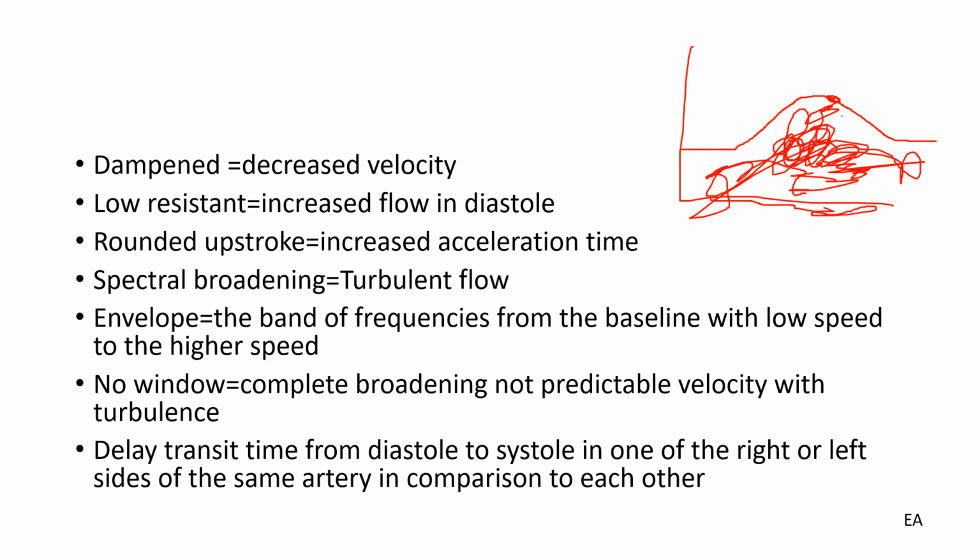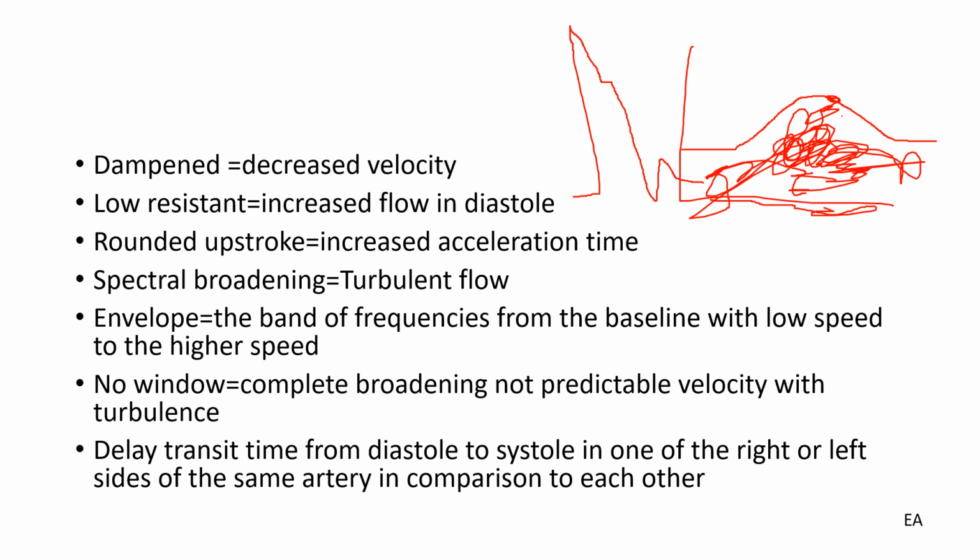Okay, so dampened means decreased velocity in comparison to normal. The normal one is like this. Sharply goes up, high velocity, down with a dicrotic notch, and then triphasic. This is normal. So it is upstroke, then down rounded and down dampened, low velocity.